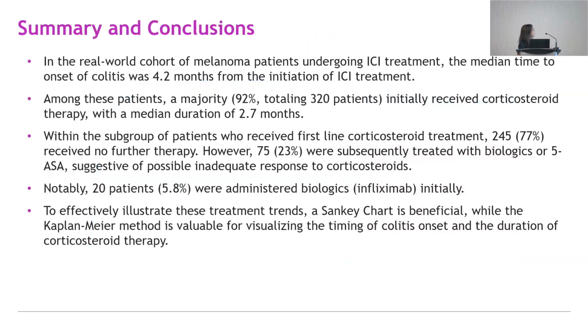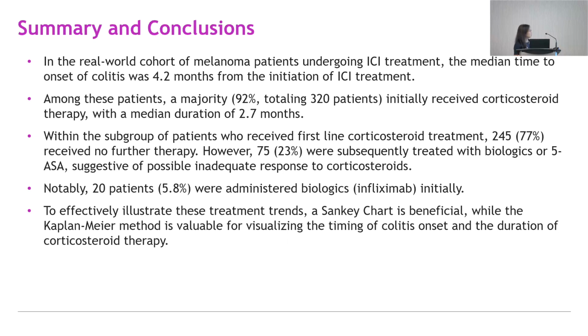A little bit of summary. In this cohort of patients from real world practice, the median time from ICI treatment to the onset of colitis was 4.2 months, and the median duration of corticosteroids treatment was 2.7 months.